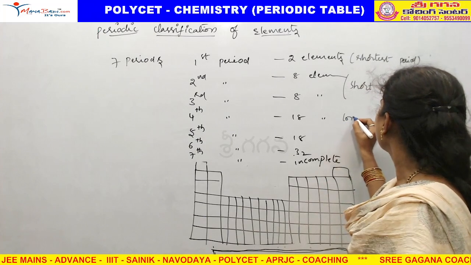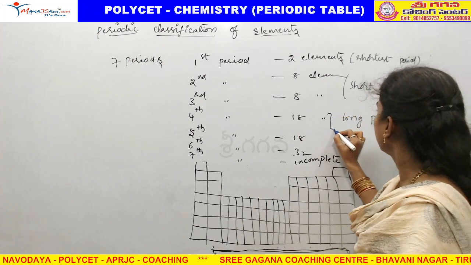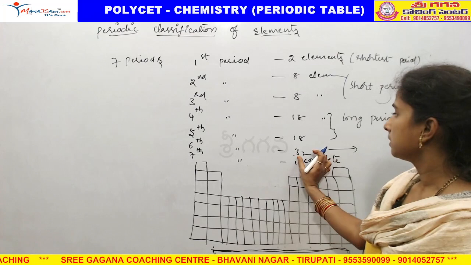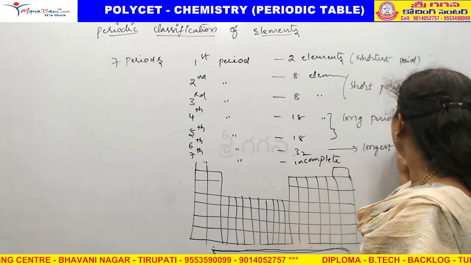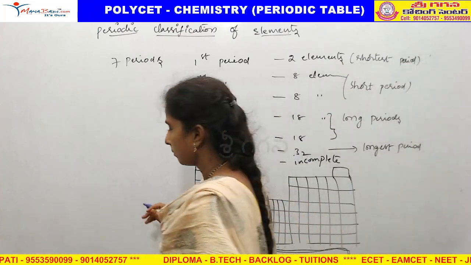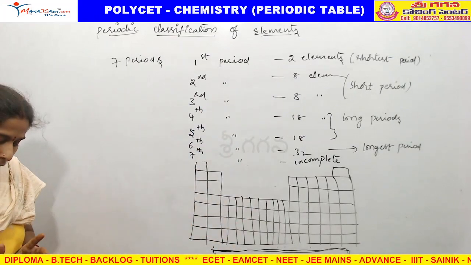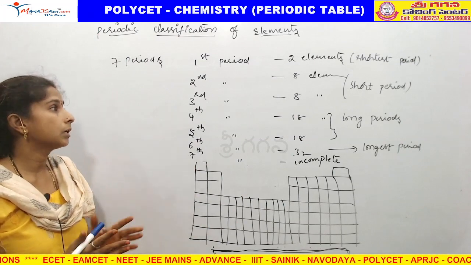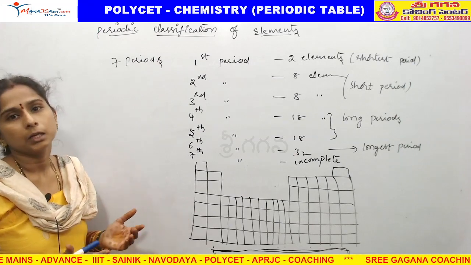There are 2 long periods with 18 elements, and the 6th period, which has 32 elements, is called the longest period. And the 7th one is incomplete. Based on the number of elements, easily we can find out, if you know any atomic number in a group, the atomic number of the next.